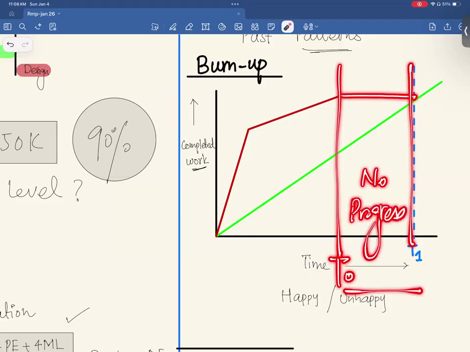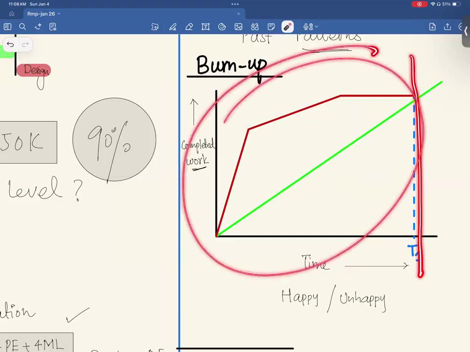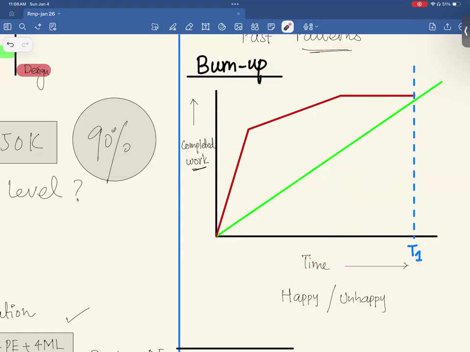This should be concerning. If this trend continues, in a few days we will be behind schedule. You understand, everybody? At this point in time, progress looks good, but if you look at the trend, it's bad. So this is what we call trend analysis. Based on pattern, we predict our future performance.